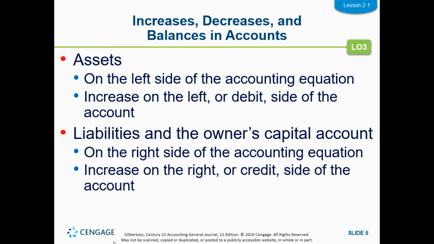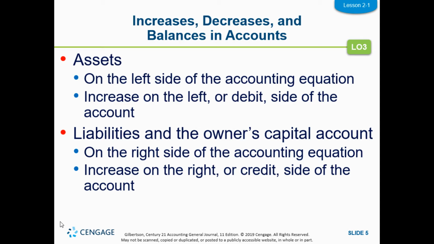Liabilities and owner's equity are on the right side of the accounting equation. A equals L plus E, or capital, owner's equity. We kind of use those interchangeably. Personal net worth from chapter 1:1. All right. Increase on the right or credit side of the account.